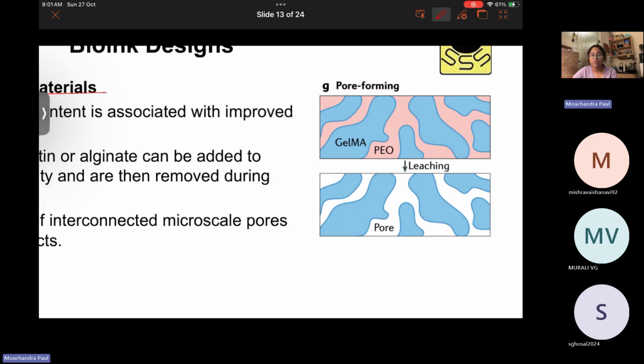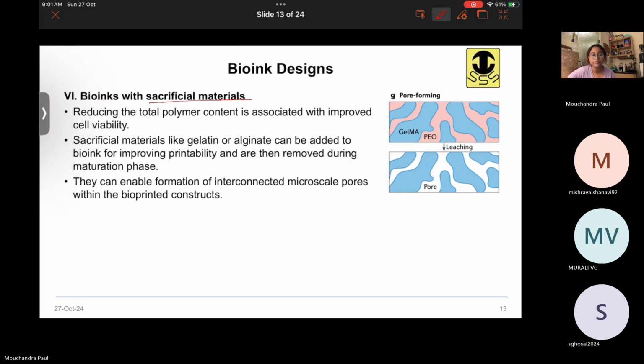Obviously the immersion of the final structure is done after you photo cross-link it. So GelMA will form permanent covalent bonds with the PEO material embedded inside the matrix, and then you immerse in water for a few minutes. The PEO will dissolve out, and once it happens, pores will form inside the matrix, and that will give better space for the cells to move around. Okay, does it make sense why one should use sacrificial materials?